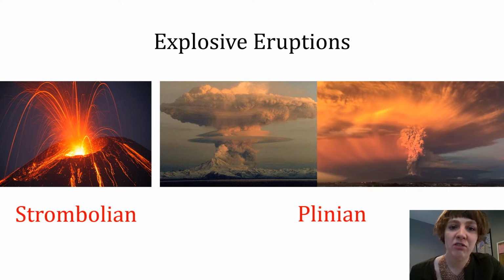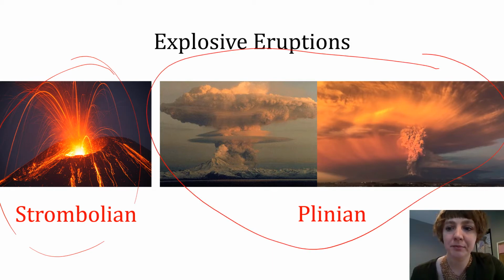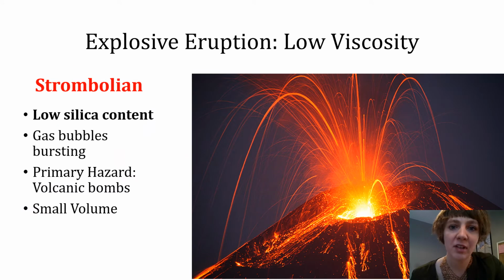Moving our attention from effusive to explosive eruptions, we can actually give different types of explosions different eruption style names. In this class, we'll restrict ourselves to just two, Strombolian eruptions and Plinian eruptions. Strombolian eruptions are the result of low silica magmas.